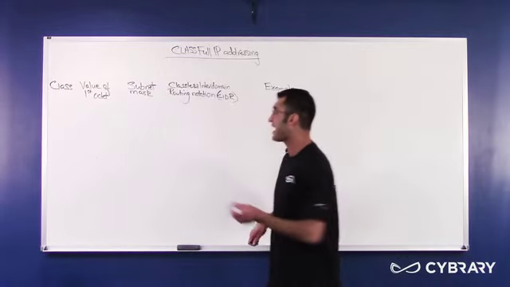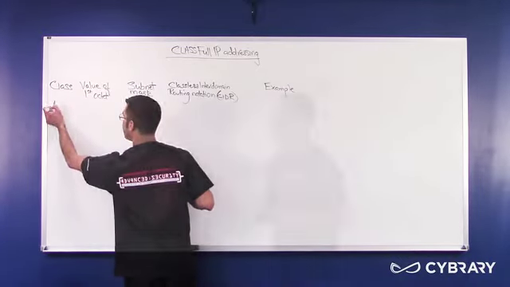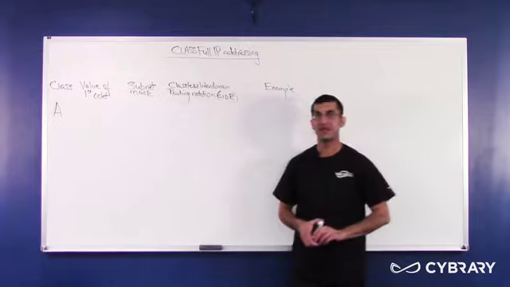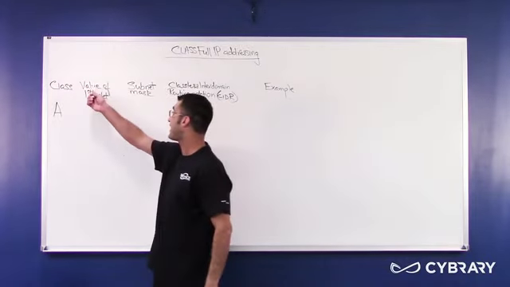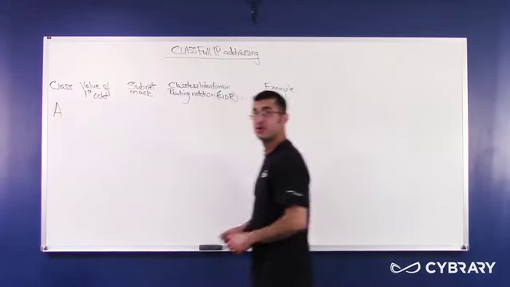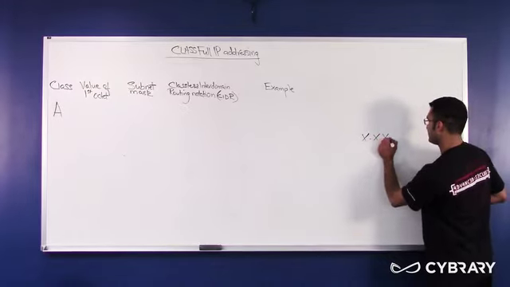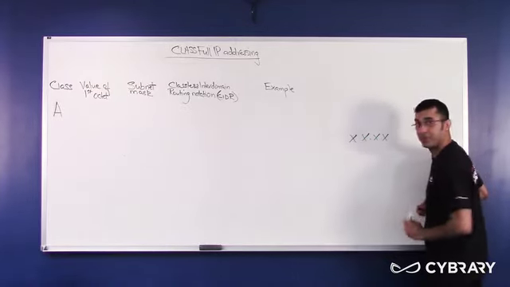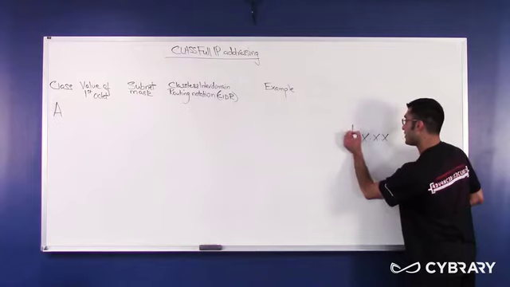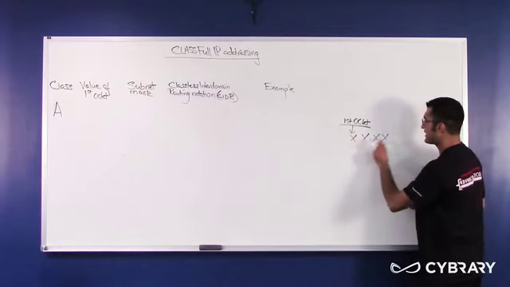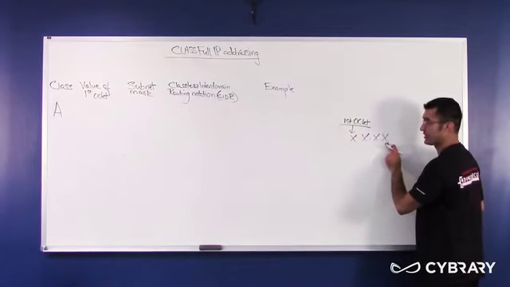So the first class we have is Class A. For Class A addresses, the next field I'm supposed to fill out is the value of the first octet. So for example, in the x.x.x.x example, this is your first octet, this is your second octet, this is your third octet, and this is your fourth octet.